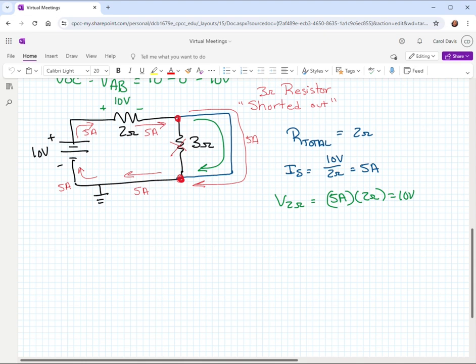We're going to have 0 volts across the 3 ohm resistor because there's no current through there, so there will be no voltage drop. So when we have shorted out the 3 ohm resistor, we have a smaller resistance in the circuit that leads to a larger current than what we were expecting.